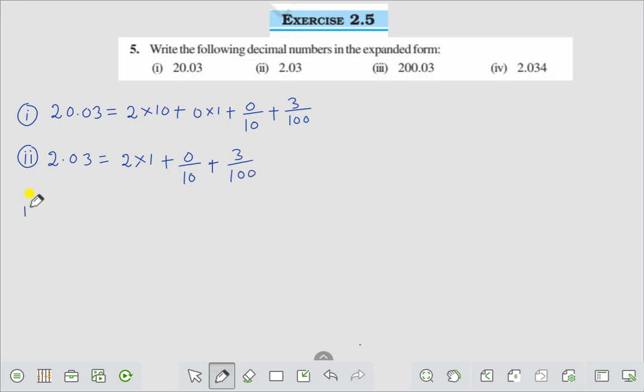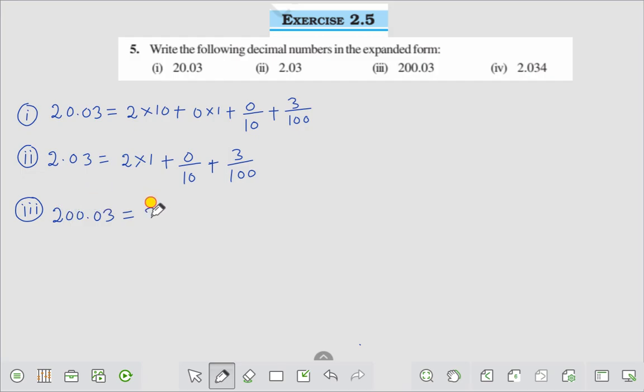Question number 3 is 200.03. Now here you see this is ones place, this is tenth place, this is hundredth place.